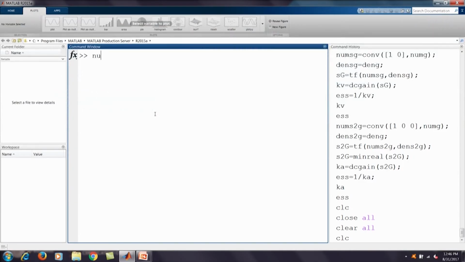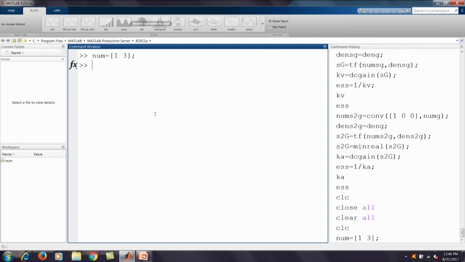So we define the numerator equal to [1 3], because in s plus 3 the coefficients are 1 and 3. Then the denominator: we have some factors, so we will use convolution, the multiplication of two polynomials.